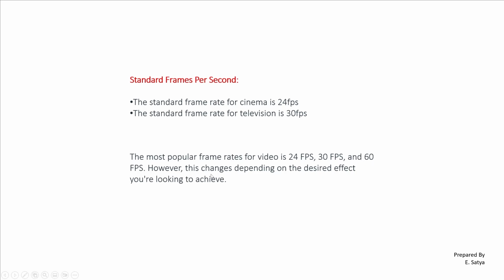However, this changes depending on the desired effect you are looking to achieve. If you want to capture a very sharp and detailed image or video, you go with 60 frames per second. That depends on the requirement, on what we are looking to achieve.